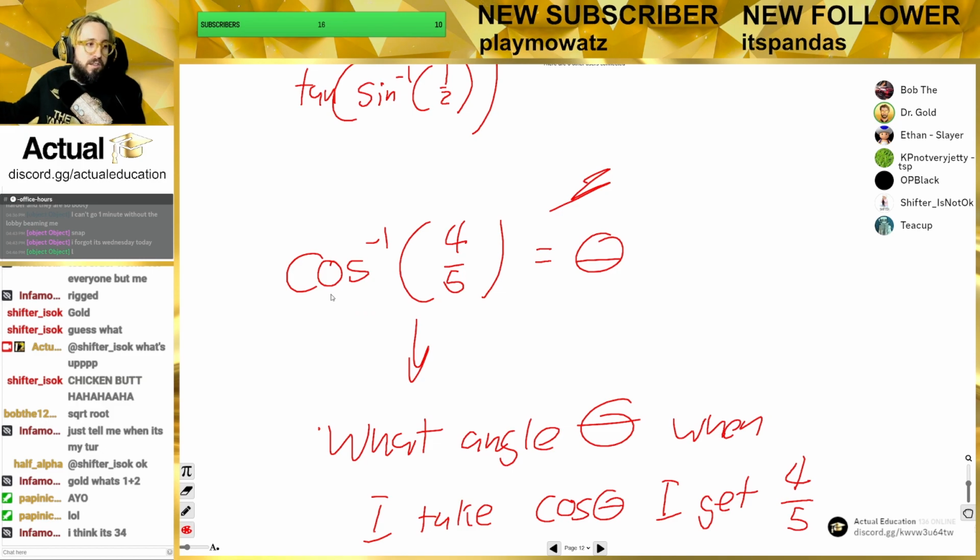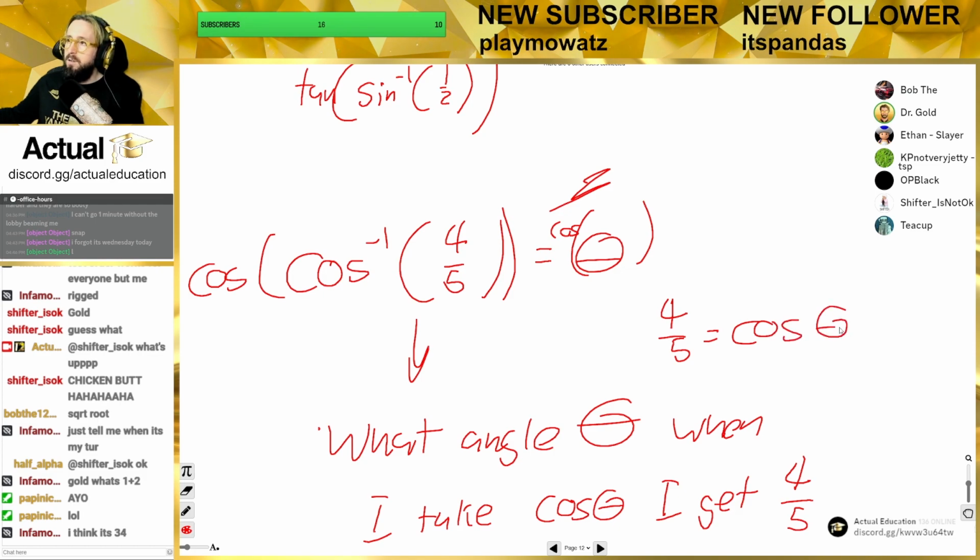Inverse cosines give you angles. If I take the cosine of both sides, that tells me that 4 over 5 is equal to the cosine of theta. Do you see how these annihilate?